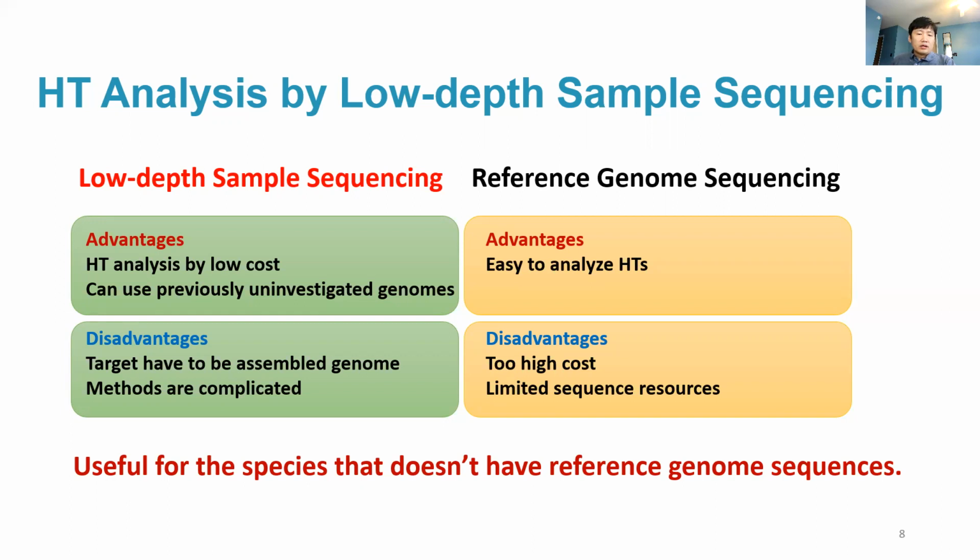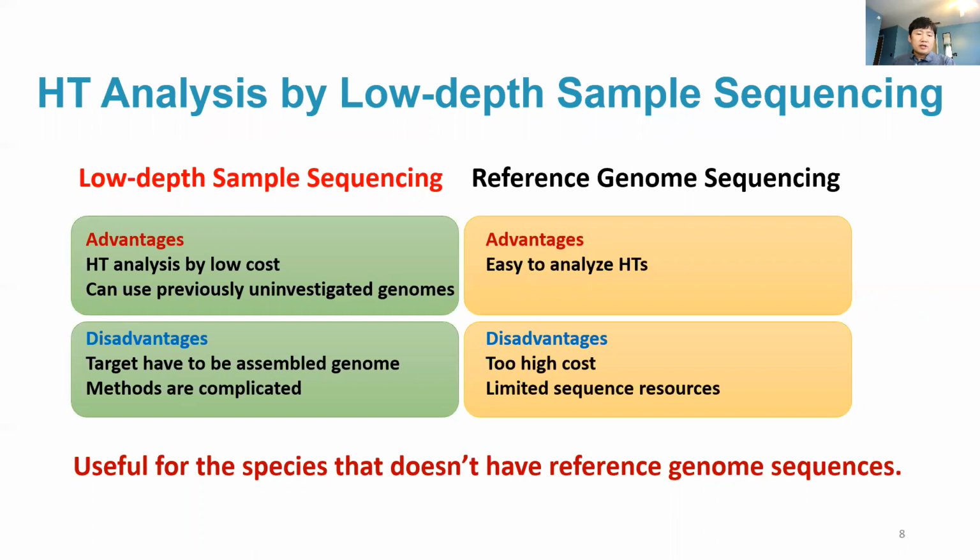However, the disadvantage of this method is that it still needs the fully assembled target genome sequences to identify the horizontal transfer. Also, because of this, the method is a little bit complicated to use.